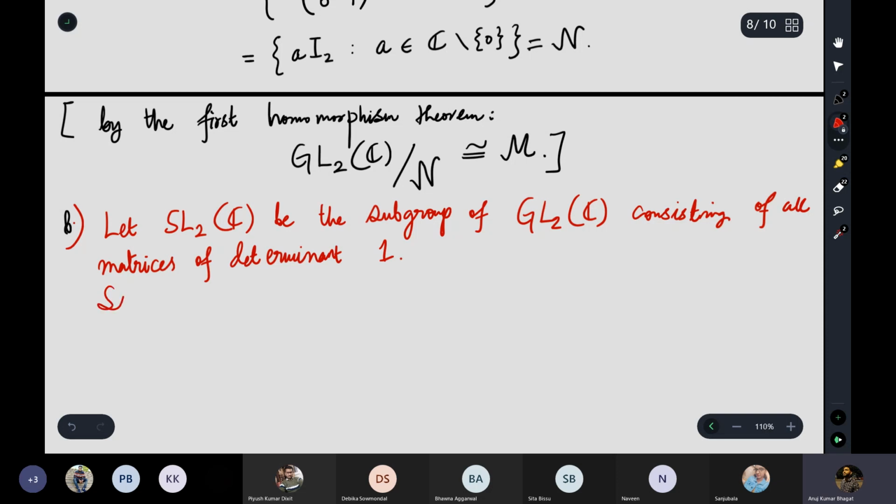Show that the image of SL2C under phi is all of M.